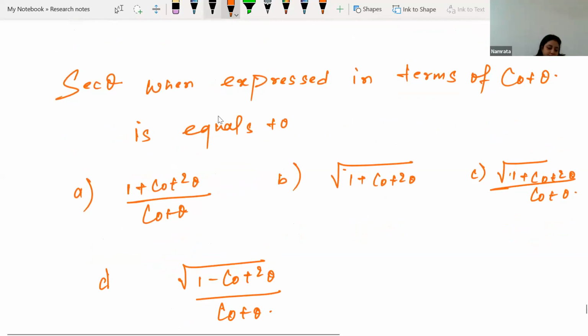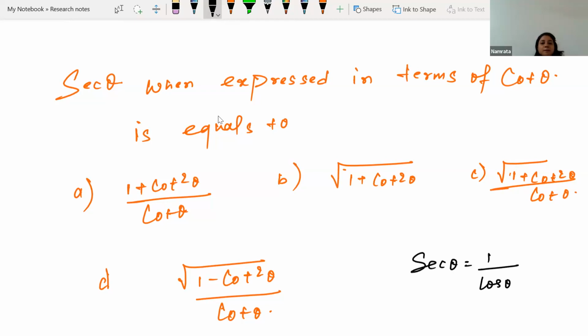Anyone? We can convert this. Sec could be 1 by cos theta. We can write sec as 1 by cos theta. Then we can also convert it.